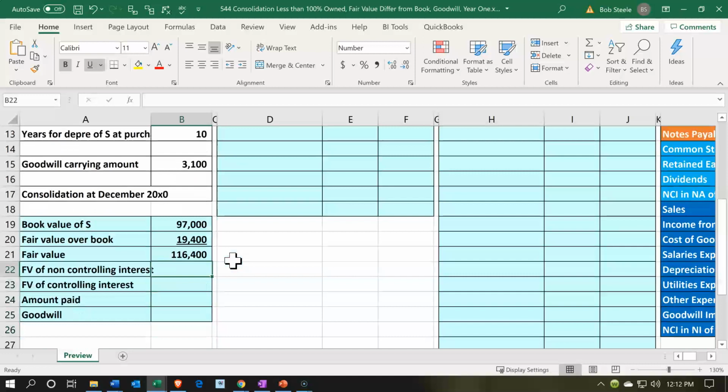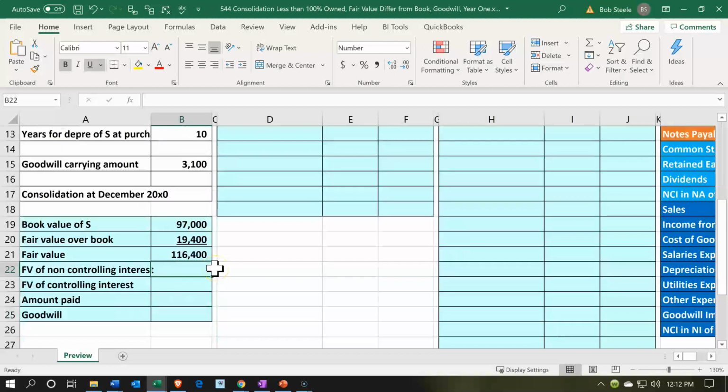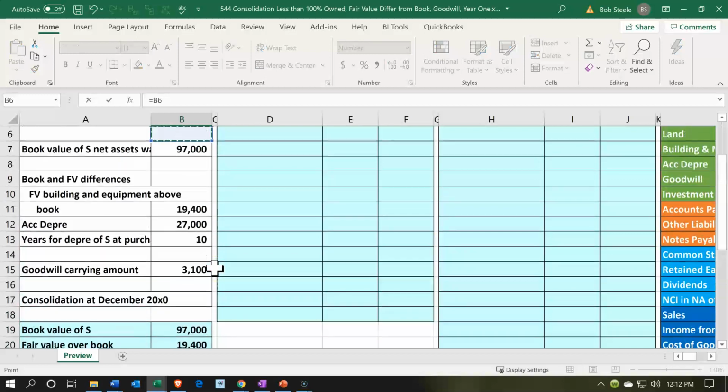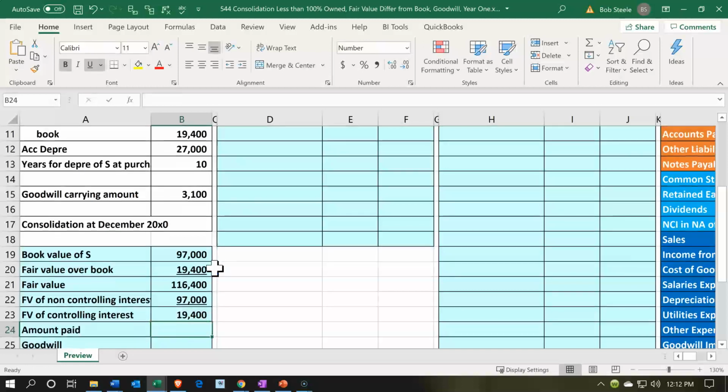But then we're going to say the fair value of the non-controlling interest. So you would think that you would take that and then take whatever percent, 75%. But if we're given the fair value of the non-controlling interest, that's the number I'm going to use. I'm going to say, all right, the fair value of the non-controlling interest is the 97. Therefore, the difference is going to be the fair value of the controlling interest, 19.4 in this case.